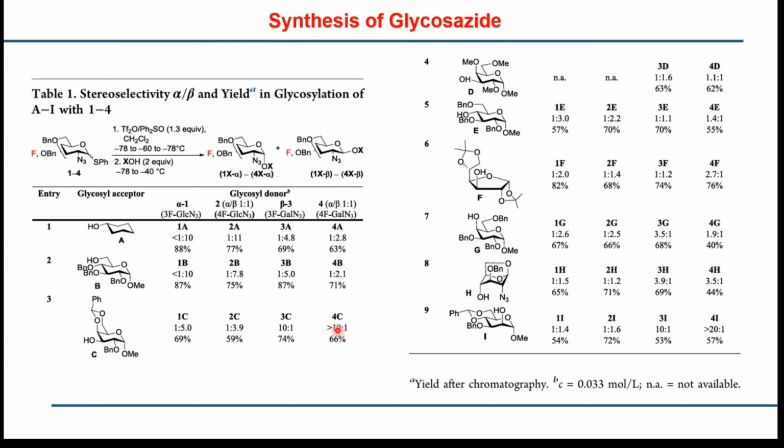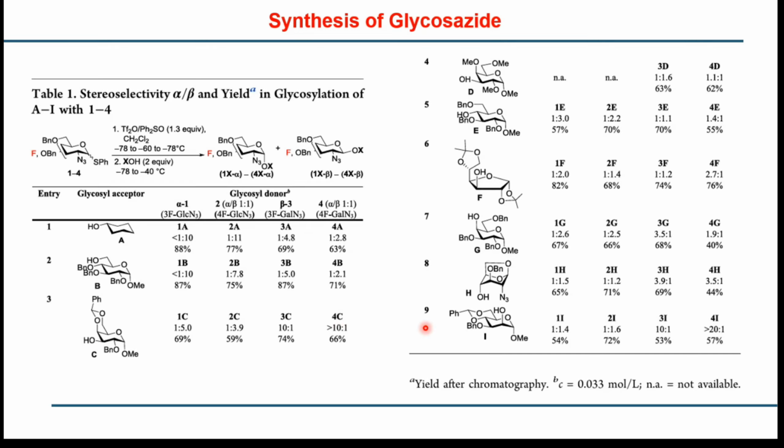And once coming to the C3 acceptor, where alpha is more, that means once the nucleophilicity of this acceptor is decreased, it is not going through the SN2 mechanism, it is following the SN1 mechanism, or the solvent-separated SN1 mechanism. The intermediate is not the alpha triflate, it is going through another intermediate.